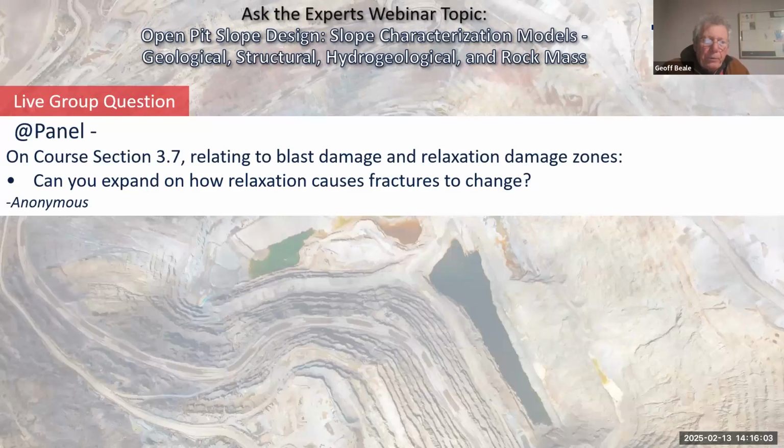So I think the blast damage zone and the zone of relaxation, that they're continuous, but I think they need to be looked at a little different, and particularly when you have slope parallel structures which dilate. That is something I think that we, as a geotechnical community, probably need to focus on a little more.